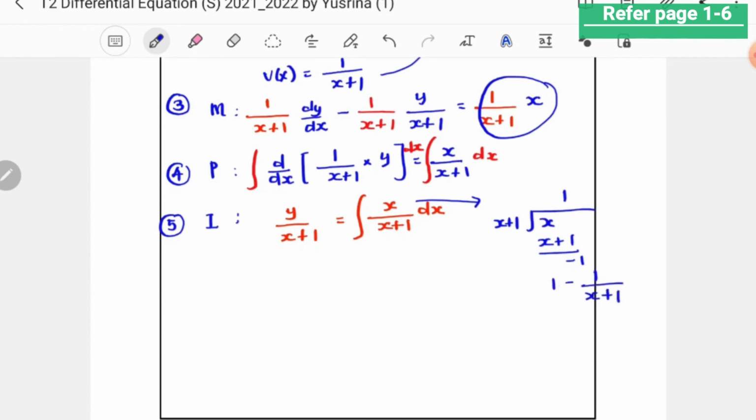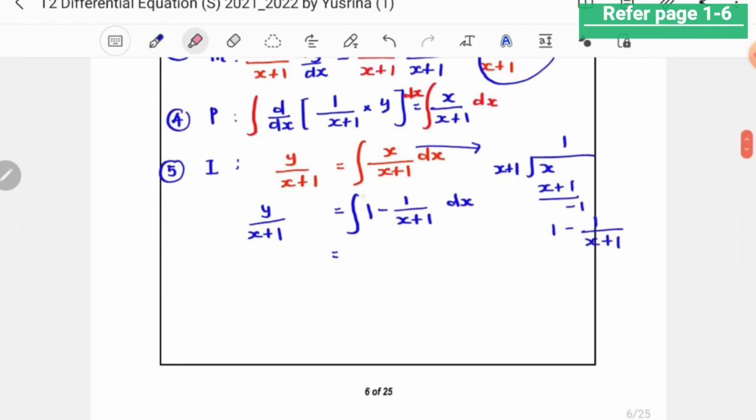Before we integrate, we simplify first, followed by dx, and the left hand side we just copy. Integrating 1 with respect to x gives x, minus the integral of 1 over (x plus 1) dx, which gives ln(x plus 1), then plus c.